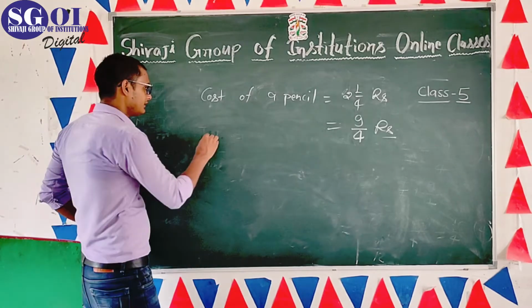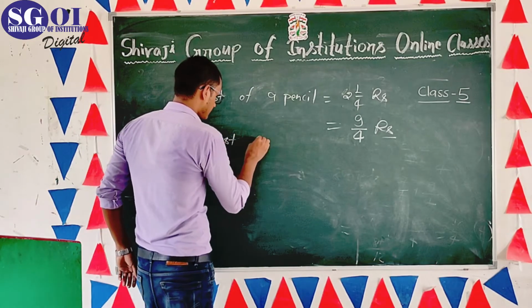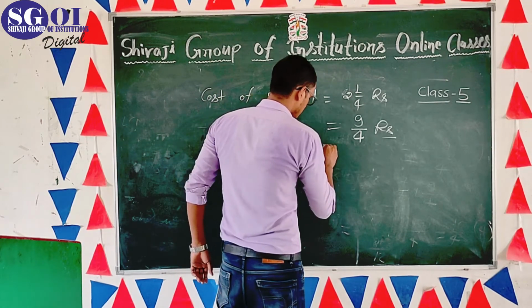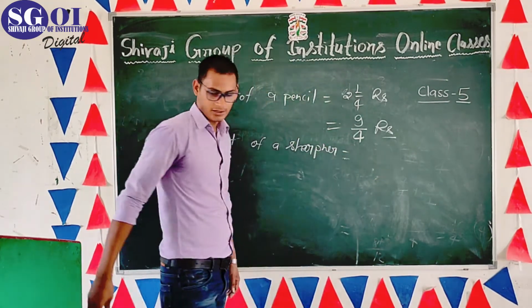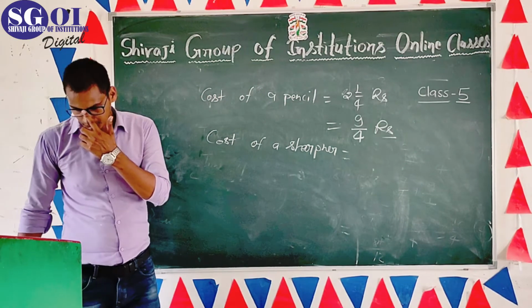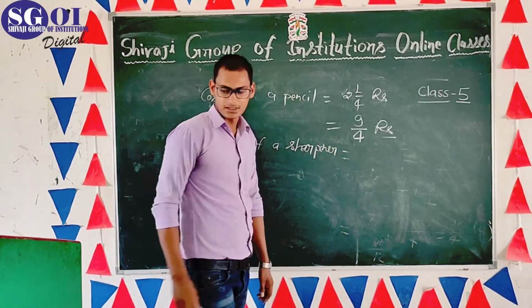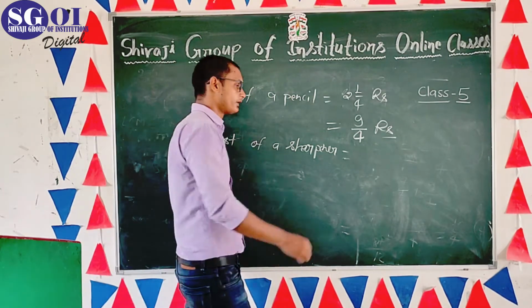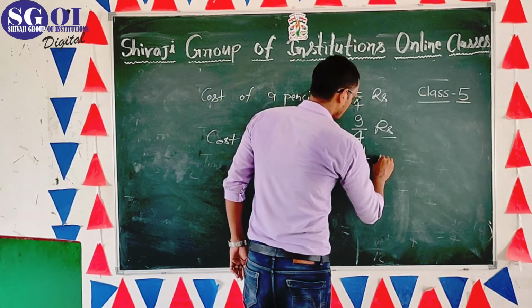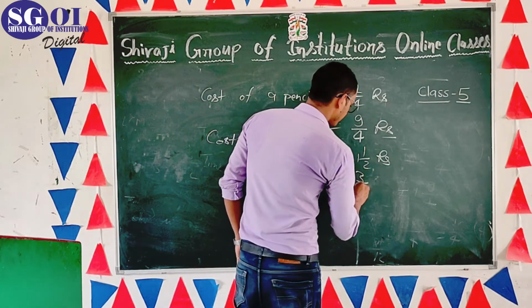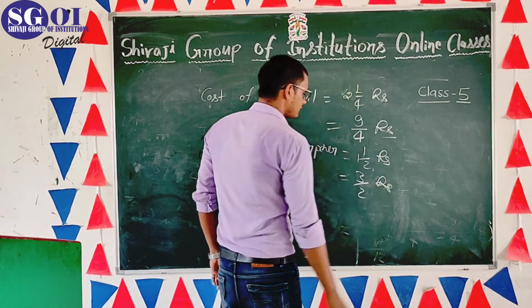Cost of a sharpener is equal to 1 whole 1/2 rupees. 2 ones are 2 plus 1, 3/2 rupees.